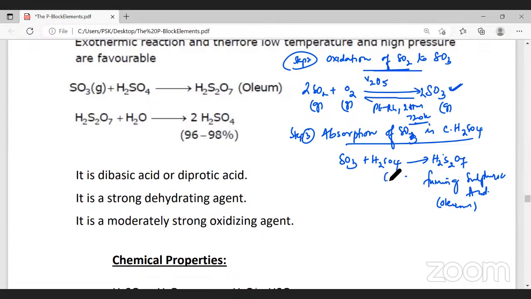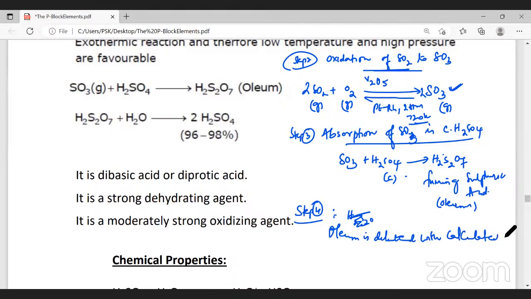Step 4: this fuming sulfuric acid, H2S2O7, or oleum, is diluted with calculated amount of water.